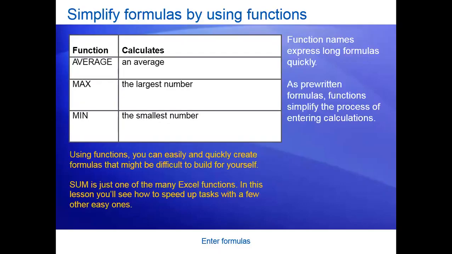Yan. Simplify formula by using functions. Okay? Yan yung mga average, maximum, minimum, yan, from the largest number, the smallest number, and an average. So pag nag-input tayo ng mga numbers dun sa Excel, pwede nating kunin yung average niya, yung pinakamalaki, yung pinakamababa.